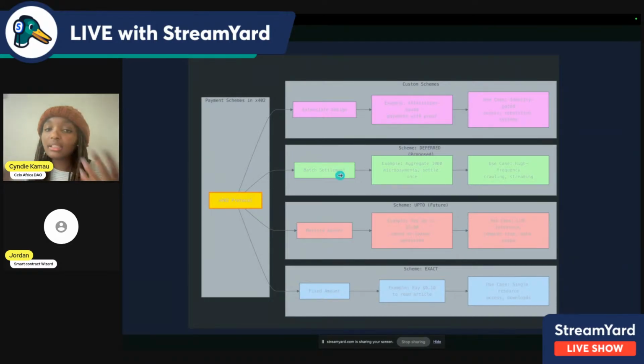Another system that was proposed is batch settlement. This is when we aggregate many payments and send them as one batch payment, so it can work on multiple payments simultaneously. And then custom schemes are something you can design for yourself. You can see how to use the x402 system and design your own payment flow.